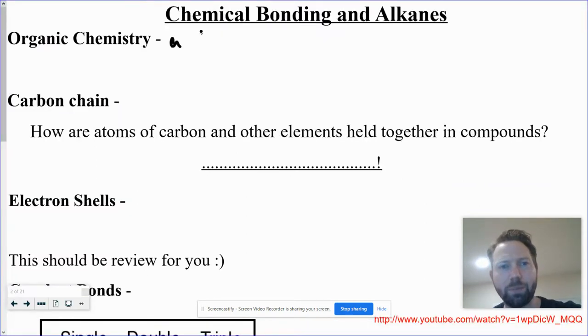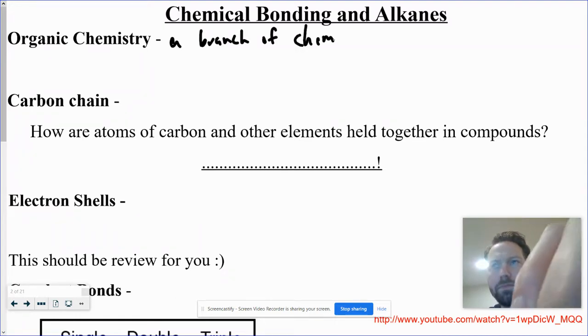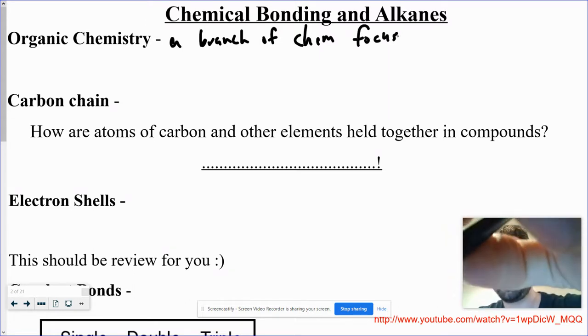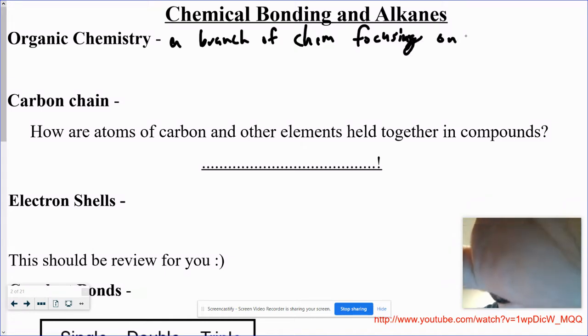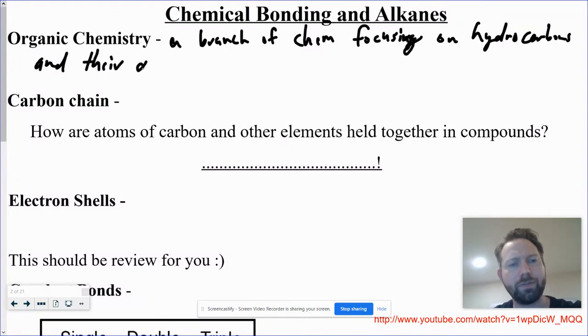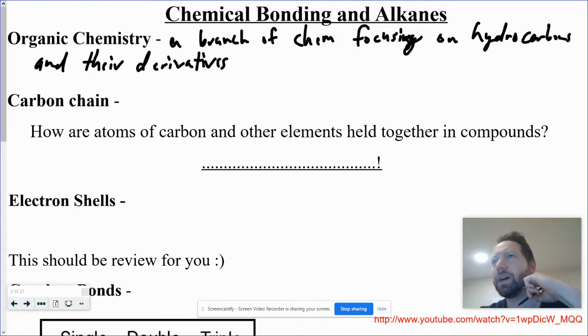So it's a branch of chemistry focusing on hydrocarbons and their derivatives. These are things that are built off of the basic structure of a hydrocarbon.